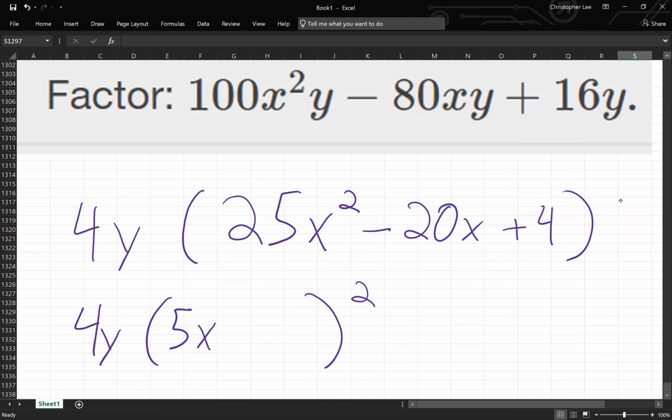Just look at the parentheses. 5x what? Minus what?